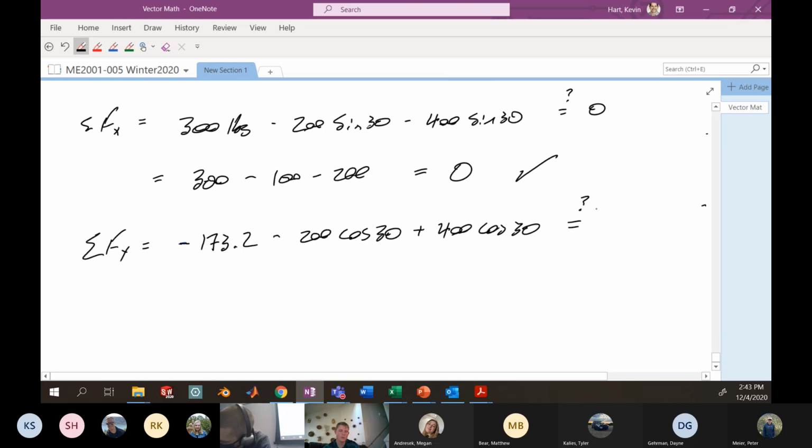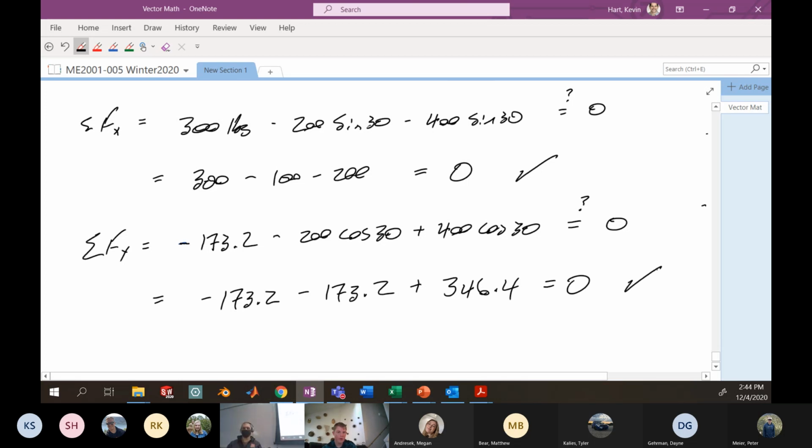I want to know, does this equal 0? Here, negative 173.2 minus 173.2, ironically, plus 346.4. This does equal 0. And I verified it using algebra.